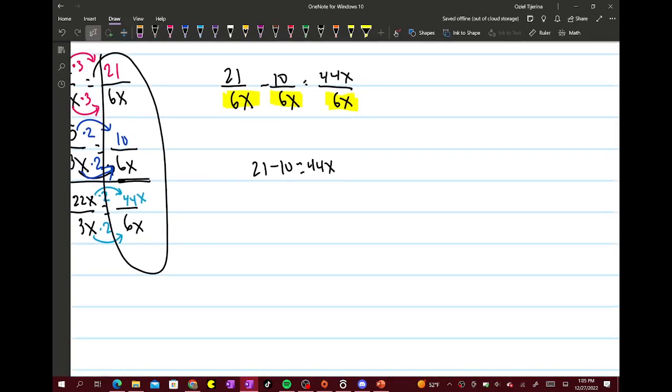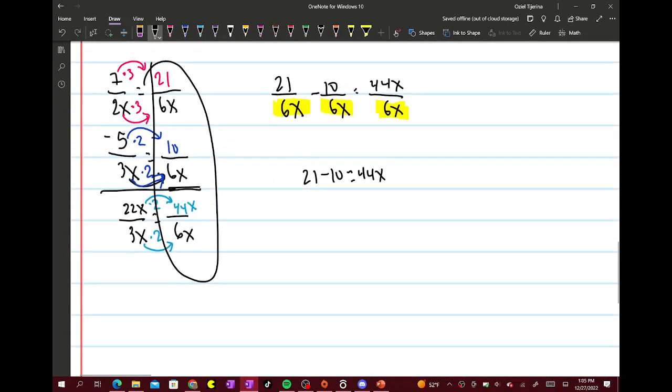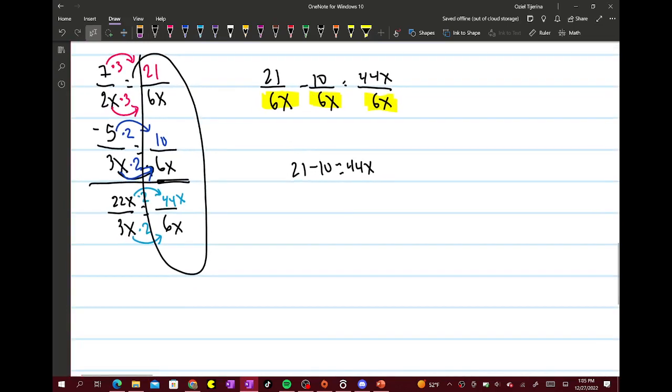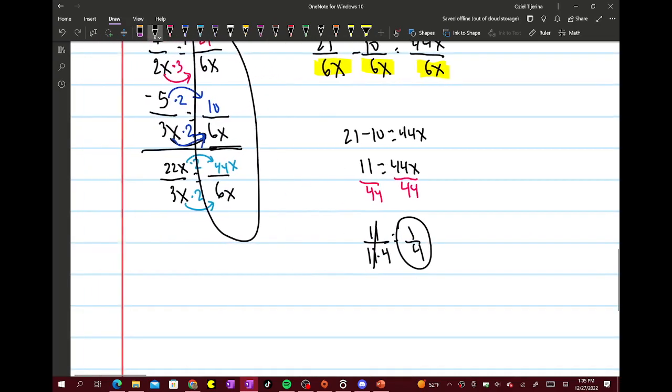Subtracting 21 and 10, you're left with 11 equals 44x. Then you divide both sides by 44 and reduce the fraction. 11 over 11 times 4, you get 1/4 as your answer. And of course, you can check it.